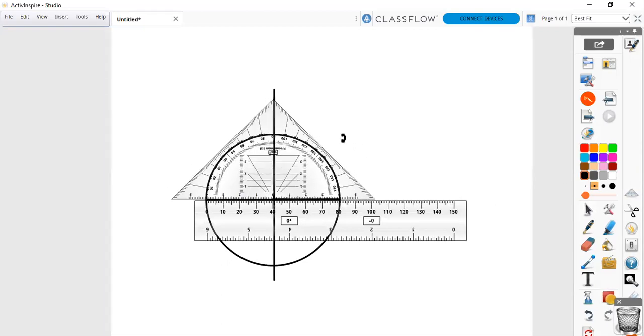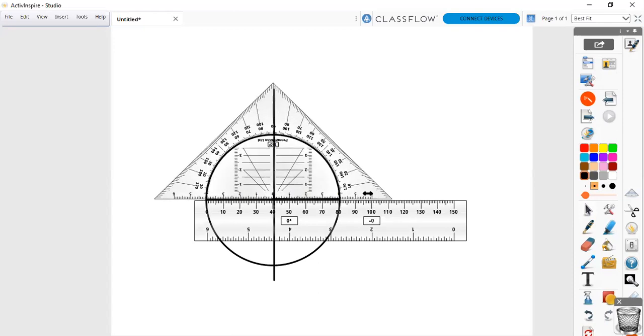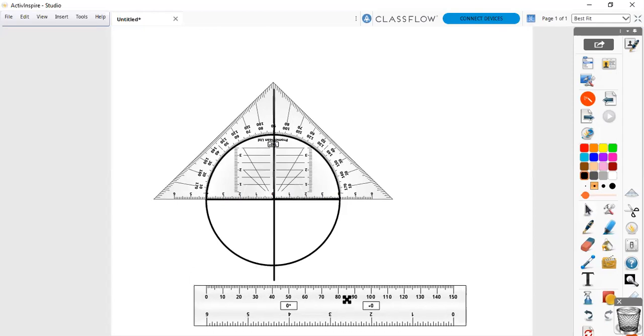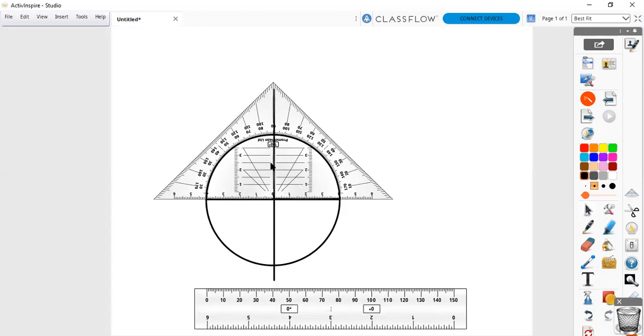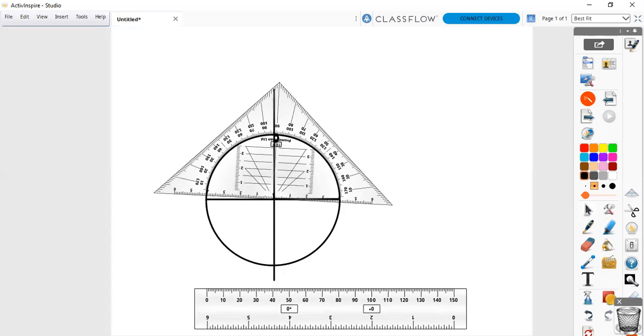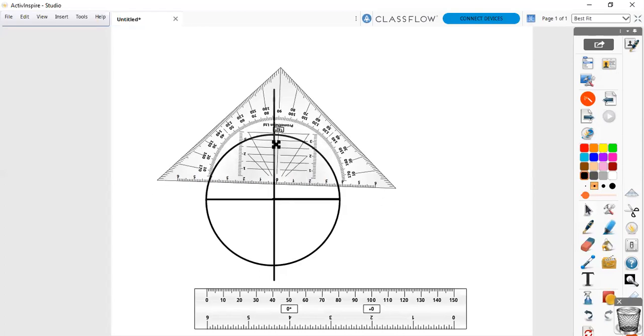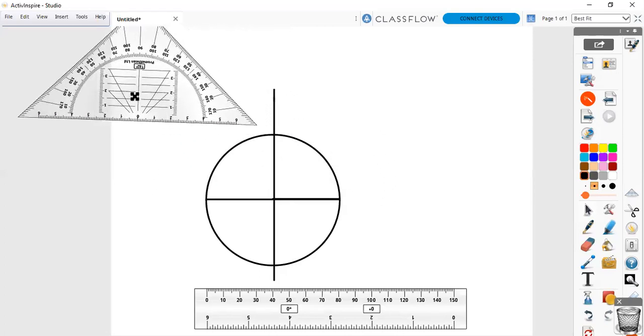So now you have completed the first part of drawing this circle.